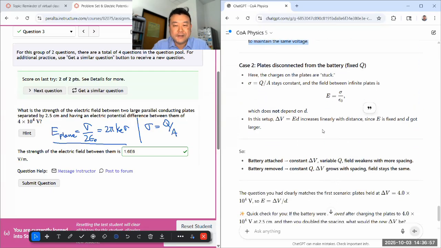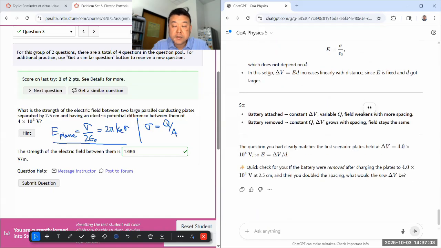If you disconnect the battery, then in this setup, delta V actually increases. And what that increase in delta V reflects is that as you pull it apart, you have to do work, and the work you're doing basically goes into potential energy stored in the separation of the plates.